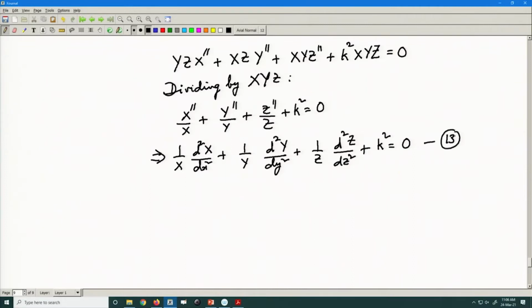Now, since each coordinate value, small x, small y, small z, can be independently varied, 13 can sum up to 0 for all coordinate values small x, small y, small z, only if each of the 3 terms, which is 1 by capital X d square capital X dx square, or 1 by capital Y d square Y dy square, or 1 by capital Z d square Z dz square, is independent of x, y or z.